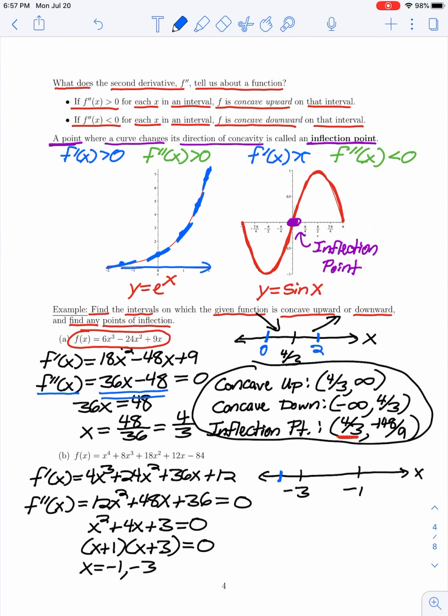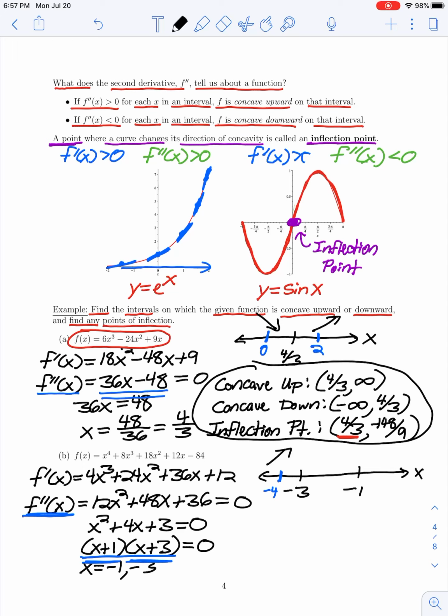Say to the left of -3, we might choose -4. Substituting -4 into the simplified form of our second derivative, we would have a negative number times another negative, which means that our second derivative would be positive on that interval.